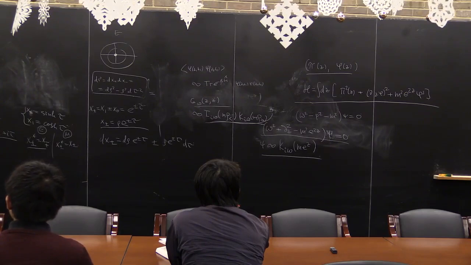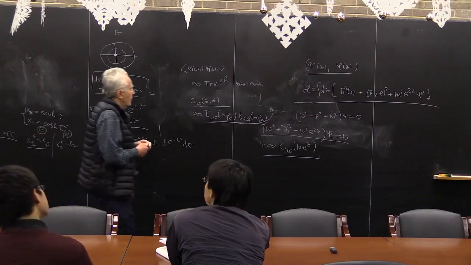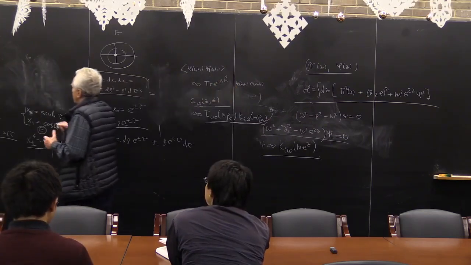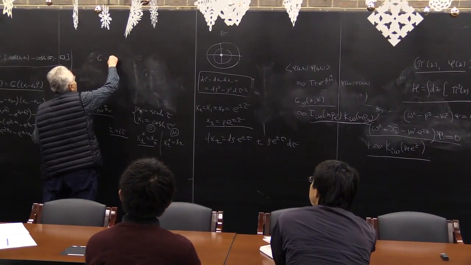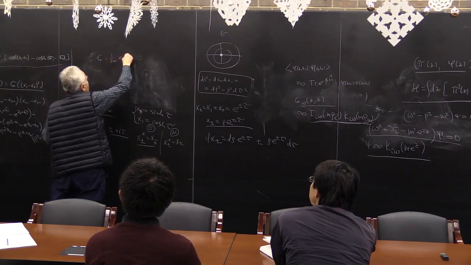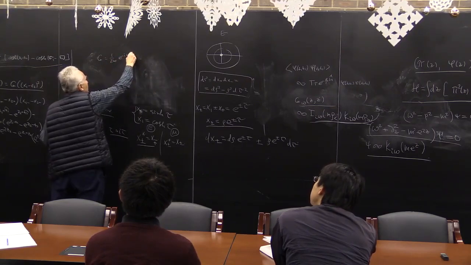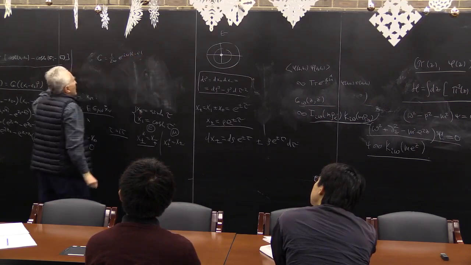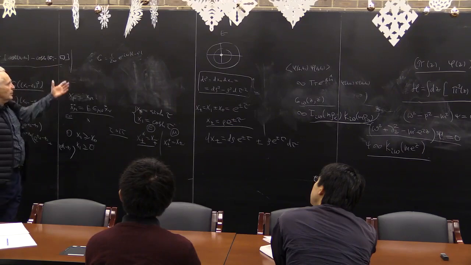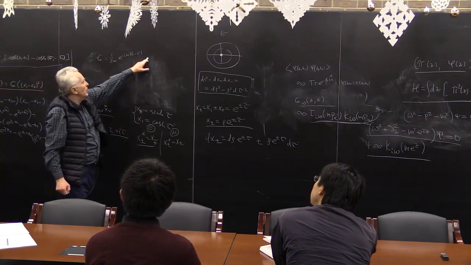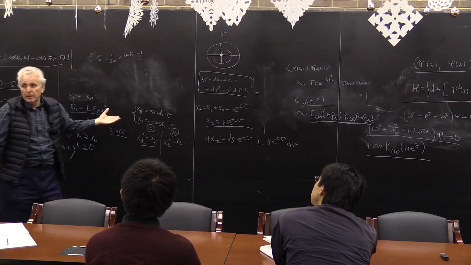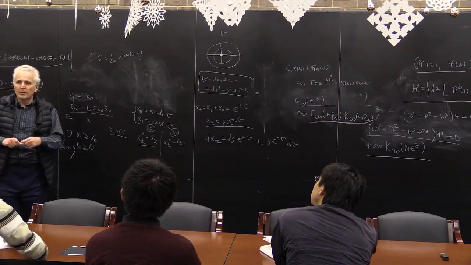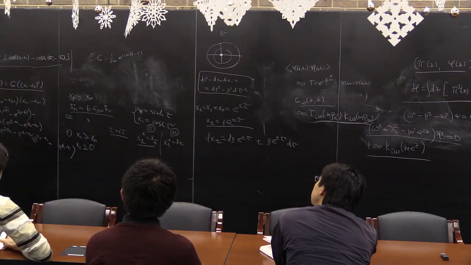So how would you select the Green function for the ground state? For instance, in the harmonic oscillator, the correct Green function means the ground state Green function. In principle you can add various exponentials e to the i omega t, and it will still be a Green function. So how would you select this one?